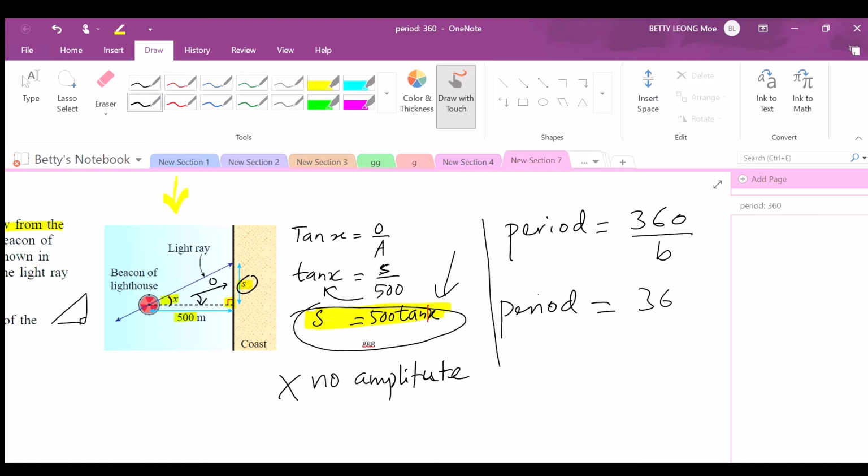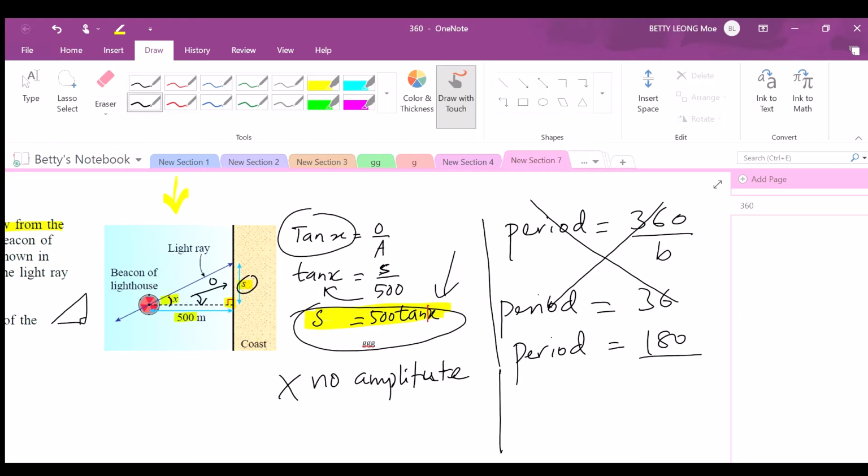Oh, something goes wrong here. What is it? Okay, teacher used the wrong formula. For tangent, the formula for period is 180 over b. I hope you noticed just now, but you cannot tell me because this is a recorded video.